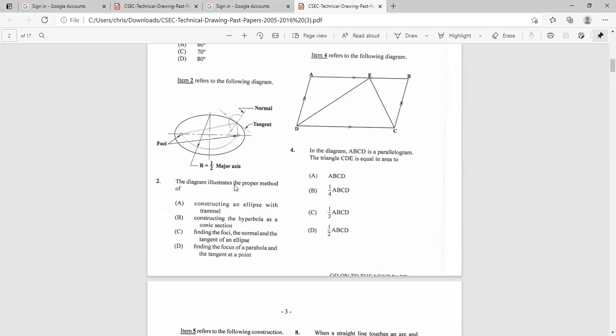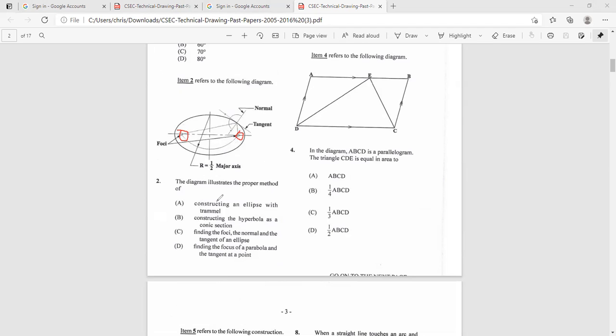The diagram illustrates the proper method of, this is basically an ellipse, and here we have the focal points. We have focal point 1 here, focal point 2. We did this in class, right? We have the normal and the tangent. To solve this, we must find the focal points first.